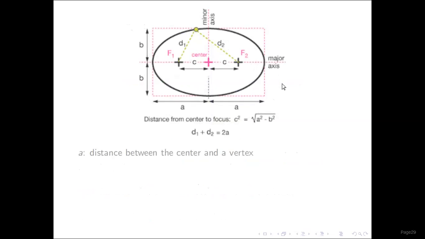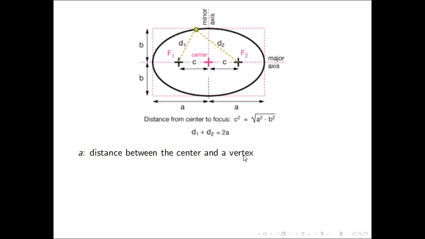Here, just some notations. These values A and B would help us write down an equation of a particular ellipse. So in the figure here, what is A? A is the distance between the center and a vertex.